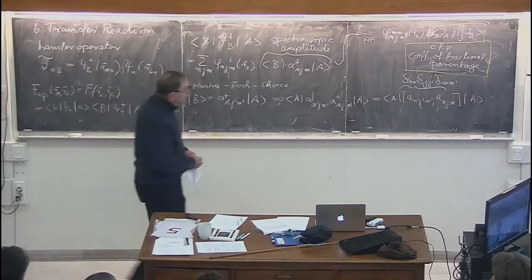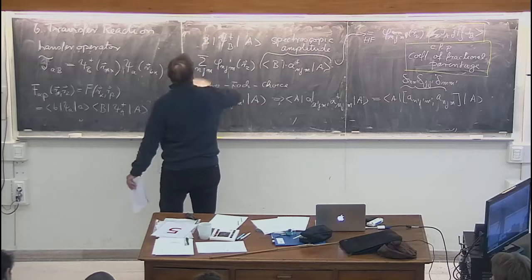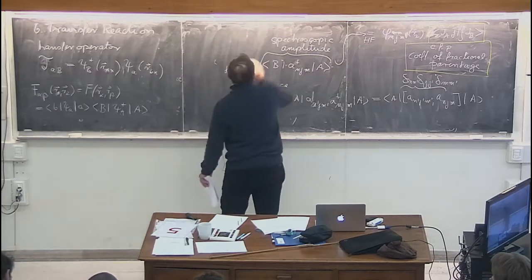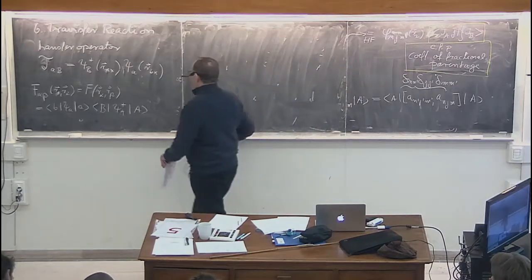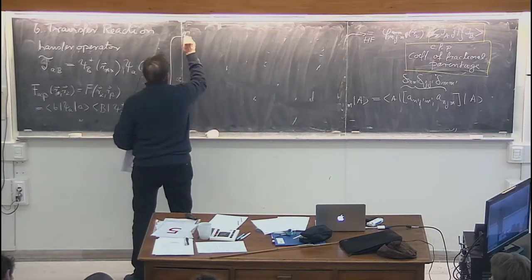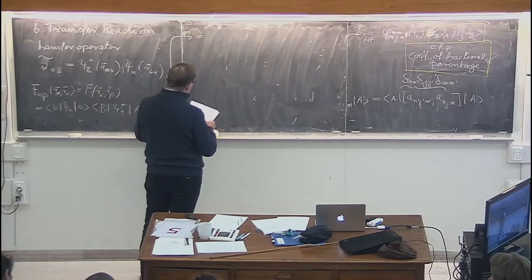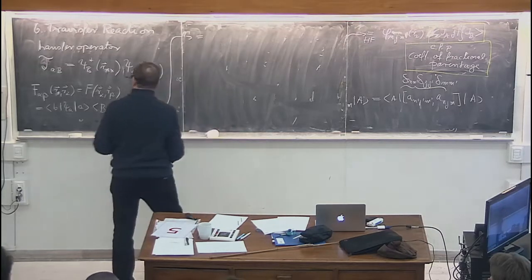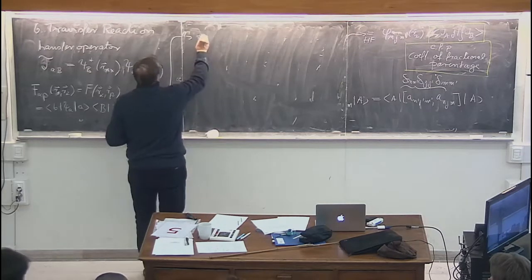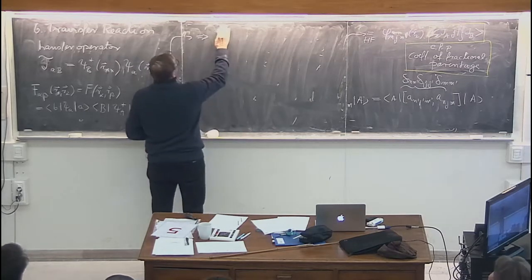Anyway, that would have been the next thing to write down, namely to evaluate this one here, and that comes down to a structure leading to a T matrix element.